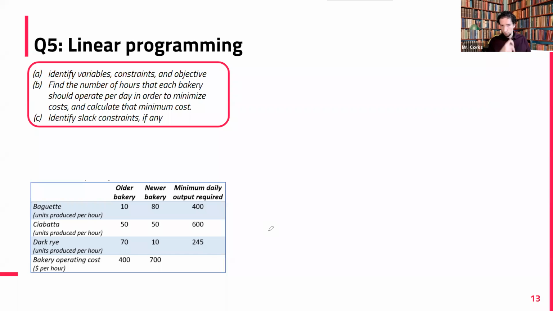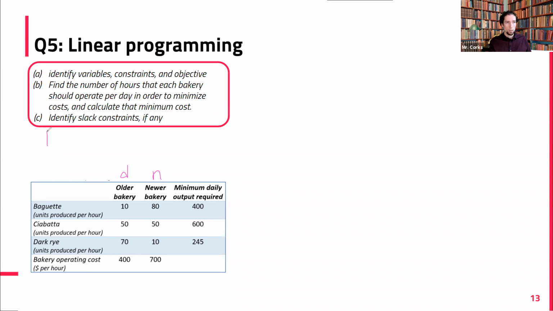Probably O and N. Okay, representing what? Number of hours each bakery operates per day. Okay. I don't like using a variable of O because it looks like a 0. So we could just use X or Y, or maybe I use D as an older bakery, and N as new. But yeah, so those are the variables that make sense.